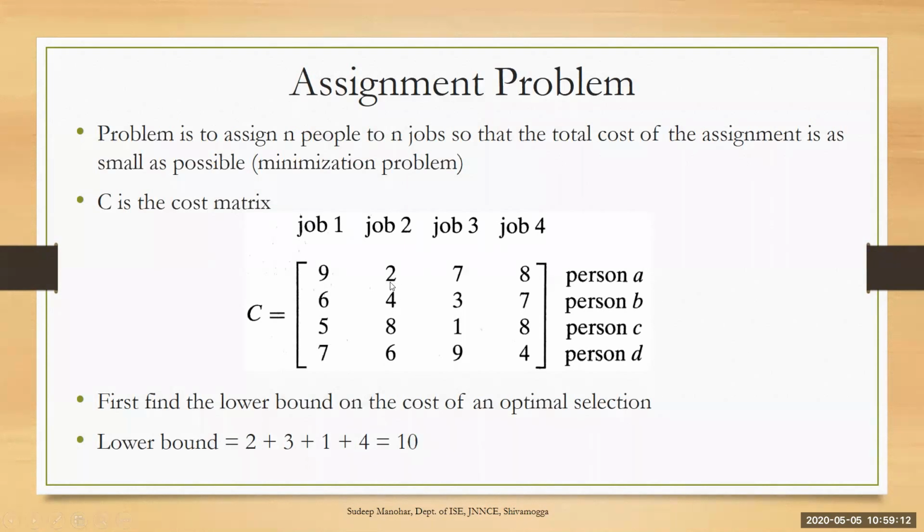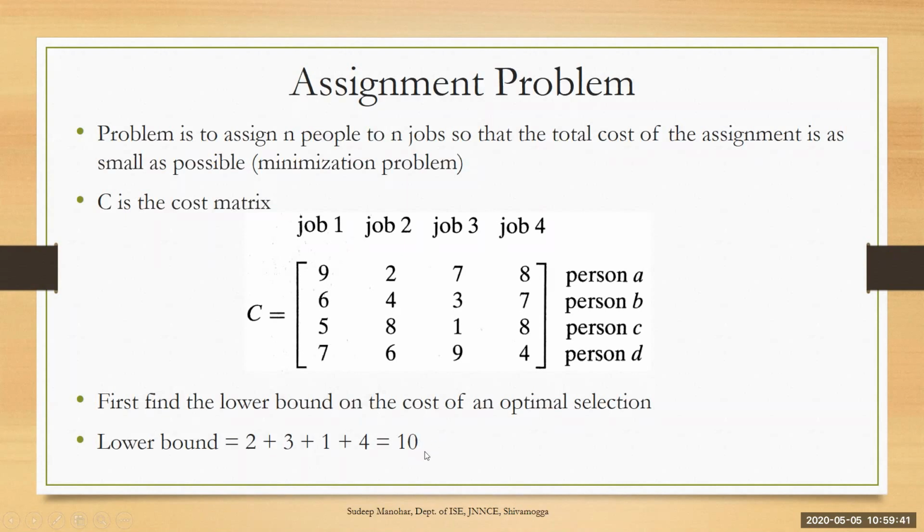Now, person A is doing job number 2, person B is doing job number 3, person C is also doing job number 3. It is not allowed, but since we are considering the minimum from each row, we are taking two values from the same column. And person D is doing job number 4. Together we add, we get 10. So now we got the lower bound for this problem. The lower bound is 10.